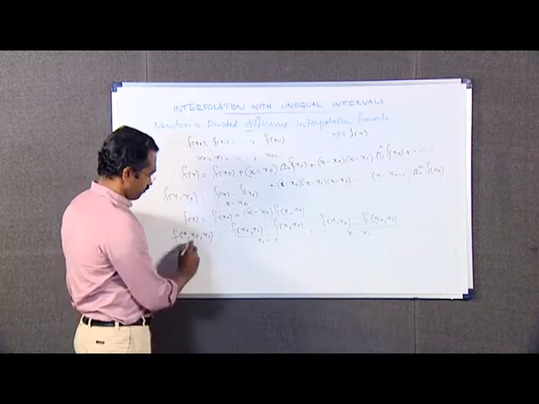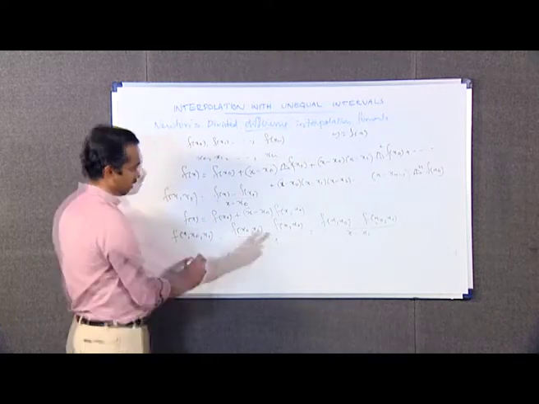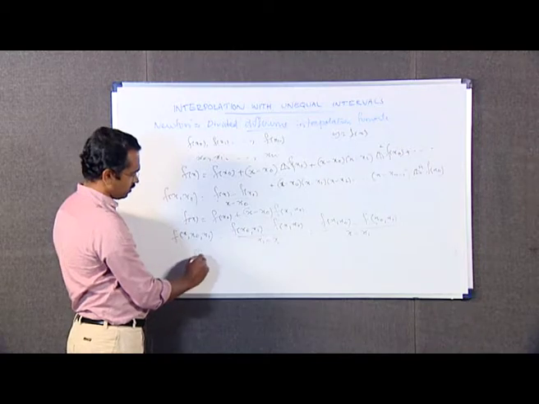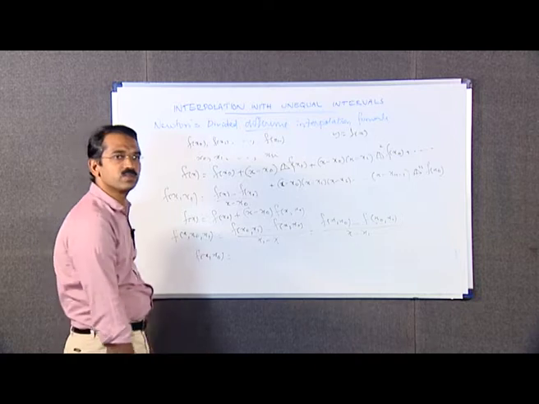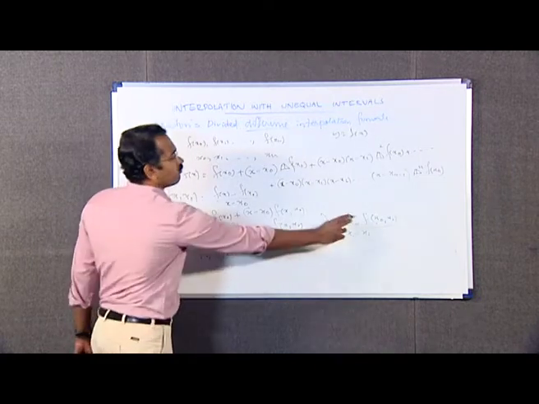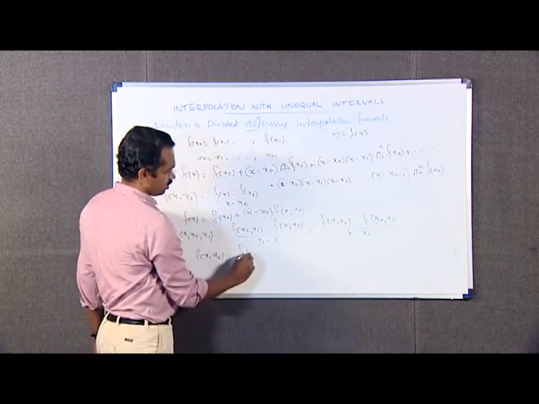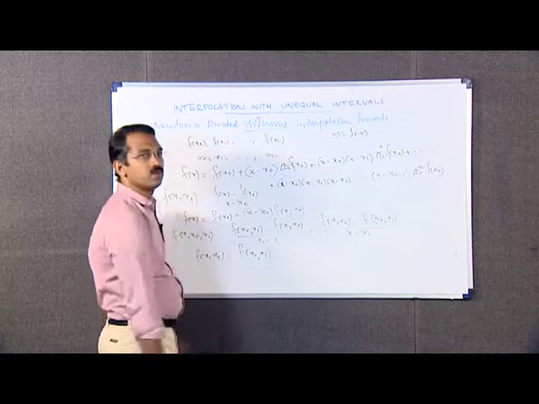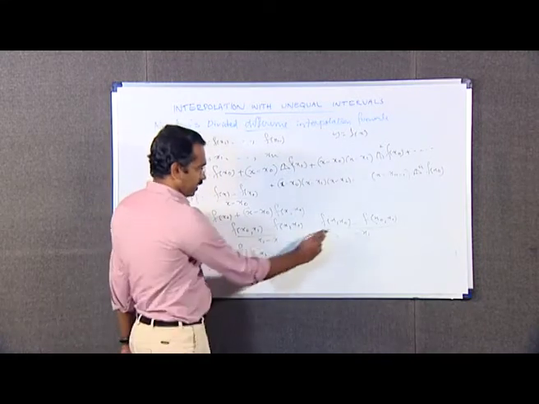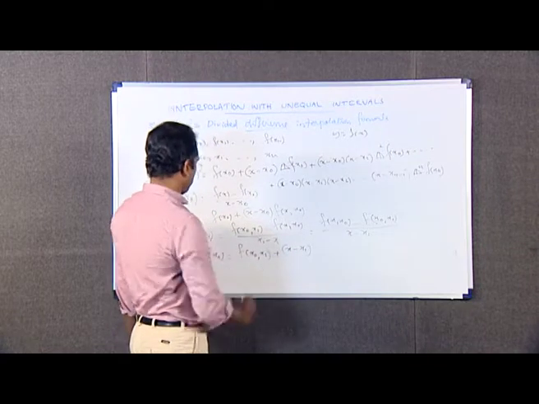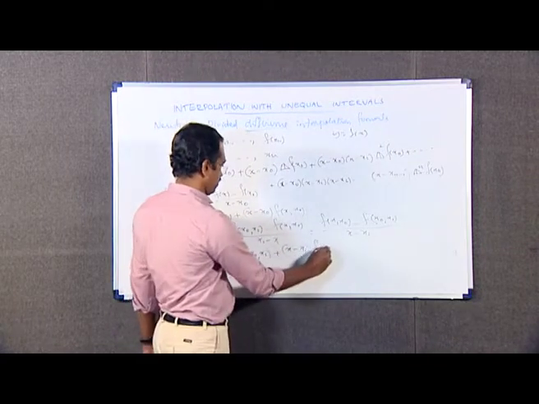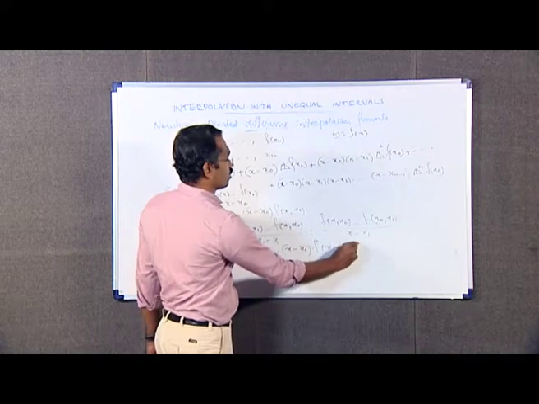Therefore, from this we can write f(x, x0) as f(x, x0) is equal to f(x0, x1) plus (x minus x1) into f(x, x0, x1).